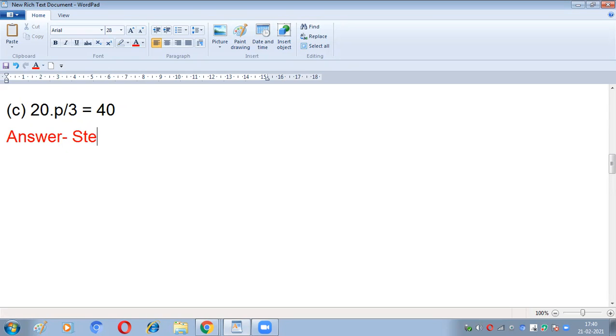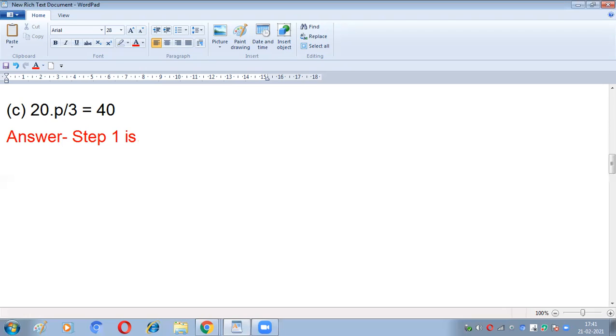So our first step in equation C will be to shift 3 first. Here 3 is in division form, so if this moves to the right hand side, it will be multiplied: 40 multiplied by 3.